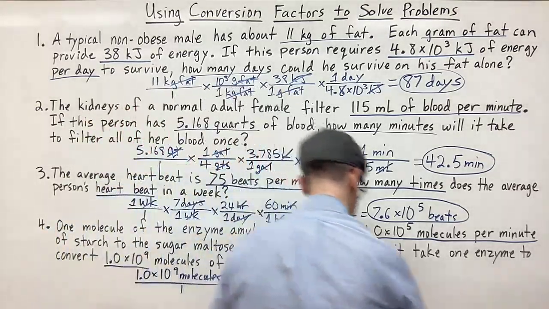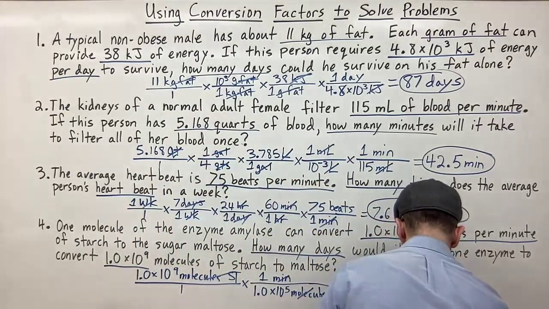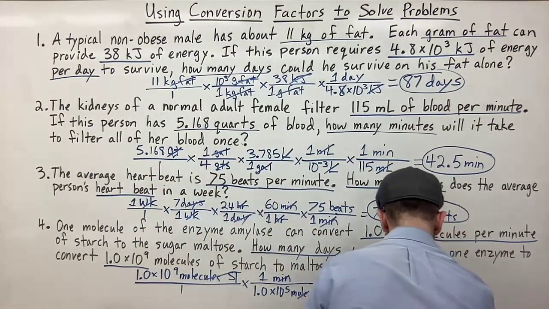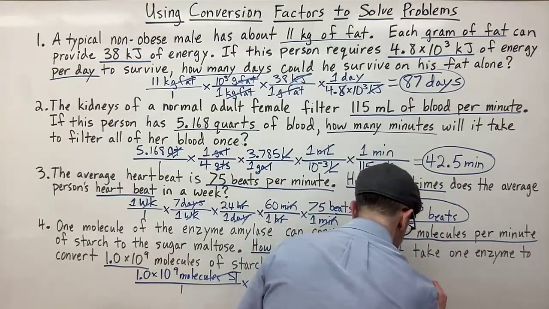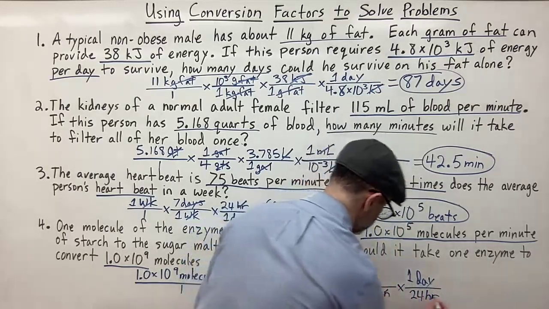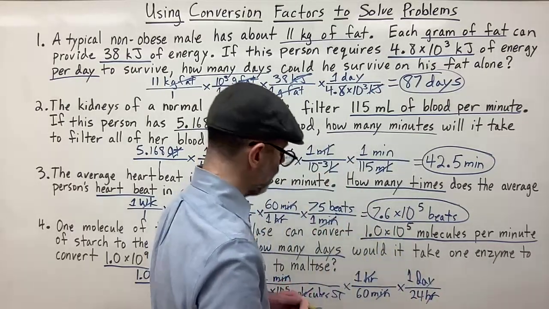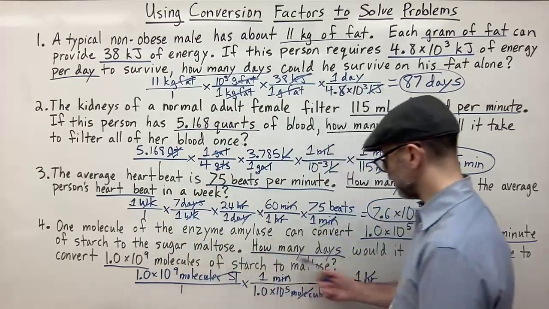So I'm going to use that, convert to days. So 24 hours on the bottom and 1 day on top. So hours cancels out. I have days. They're looking for days. How many days?